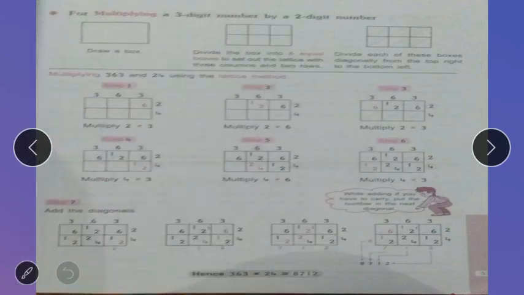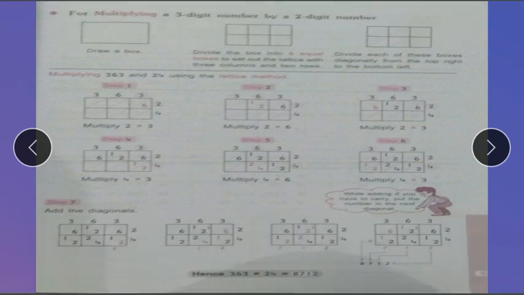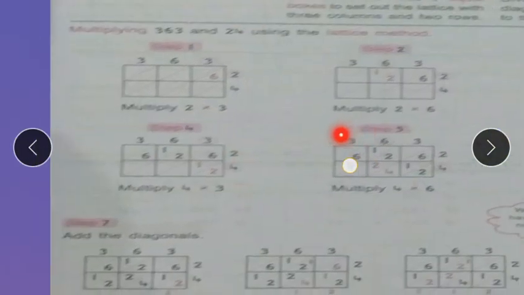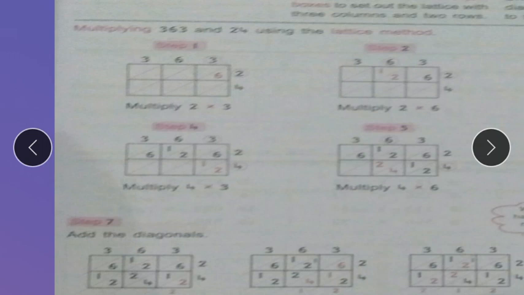Now see, the multiplication you have to do here is for multiplying a 3-digit number by a 2-digit number. 3-digit number means, children, you know very well. In 363, there are 3 digits, and we are multiplying by a 2-digit number, that is 24.